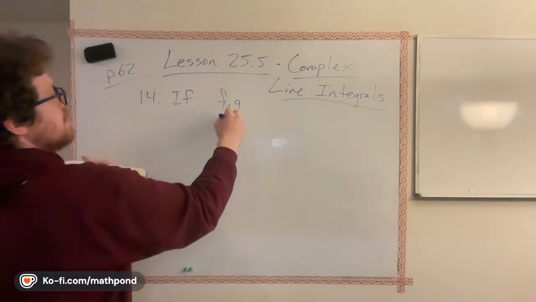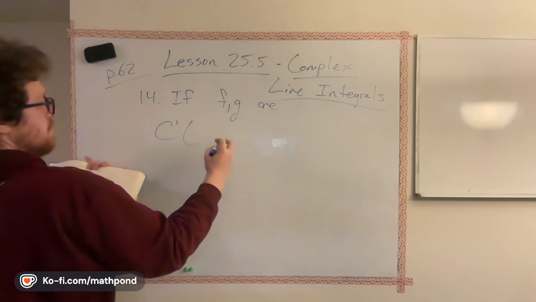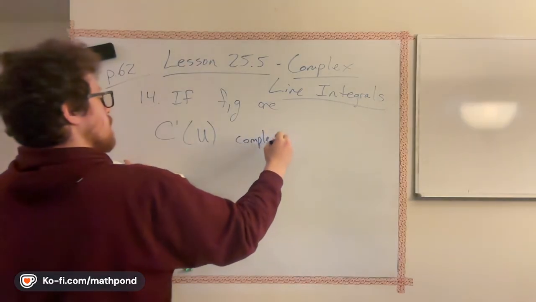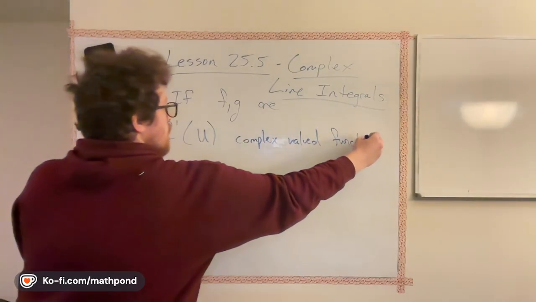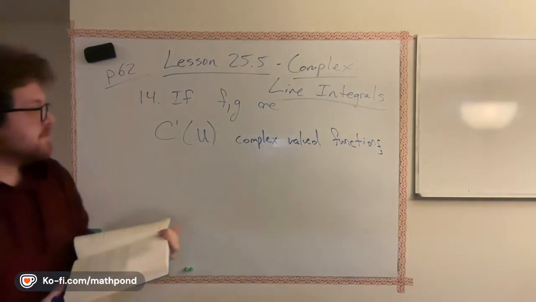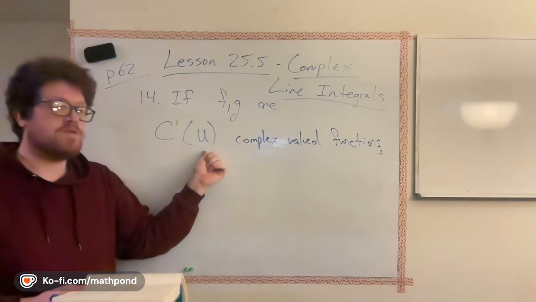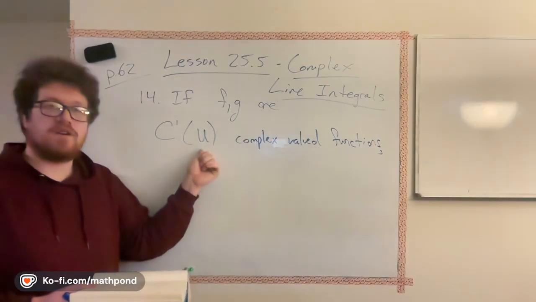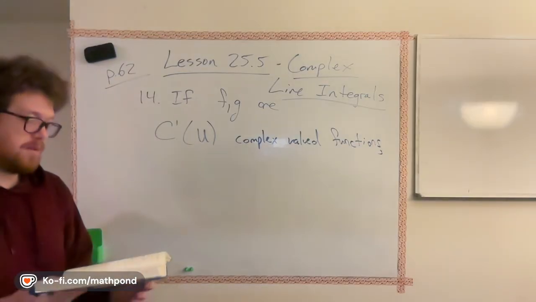So if f and g are C1 complex valued functions, okay, so this just means that f and g are continuous on U, so they're continuous at every point of U, the derivative exists at every point of U, and the derivative is also continuous. And they take values in this two-dimensional real space, which we call the complex numbers.